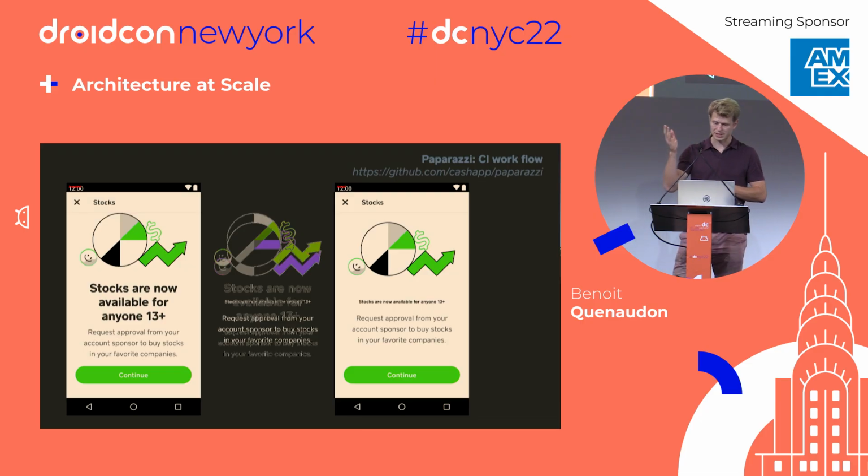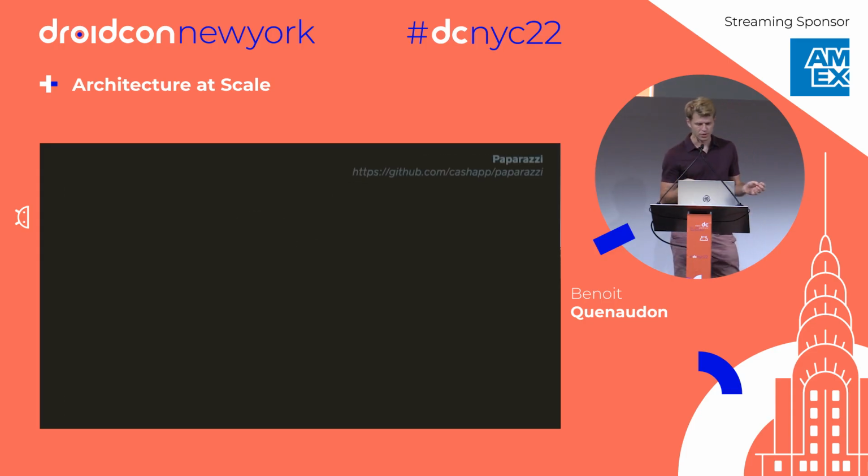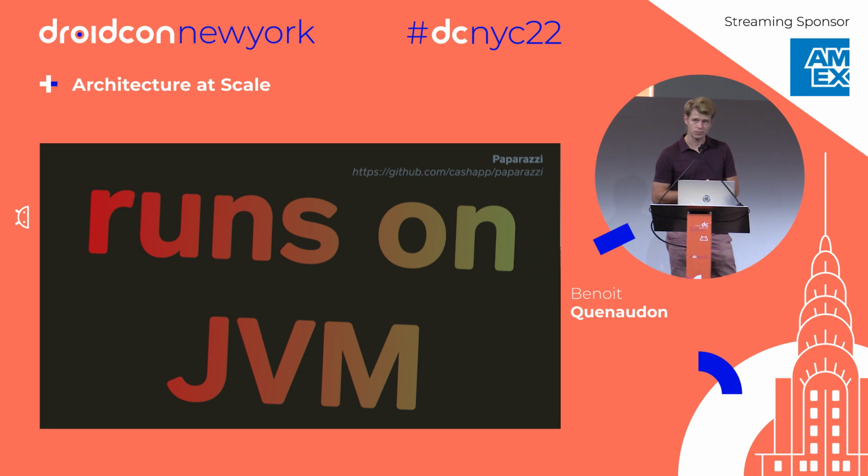On the right, the one that got generated, and in the middle, you can see the delta, which is super helpful to know what's happening. And one super cool thing about Paparazzi is that it runs on the JVM. So no need to run emulator, Robolectric, Espresso, gone.